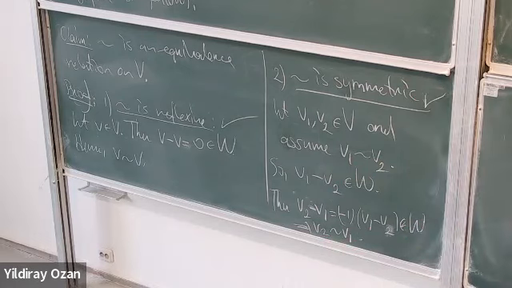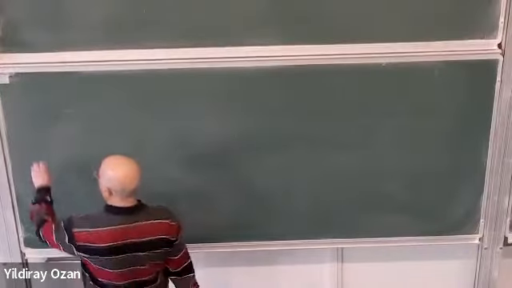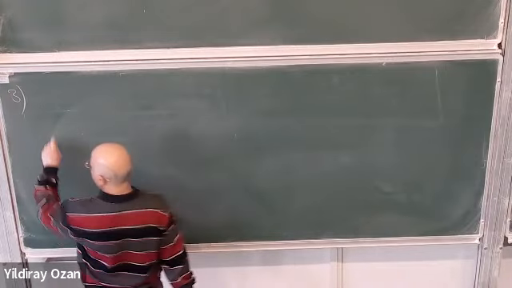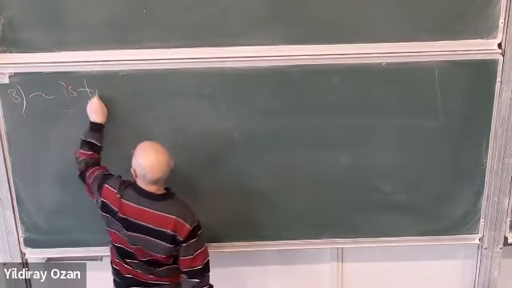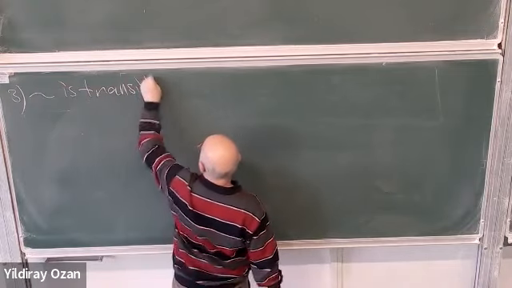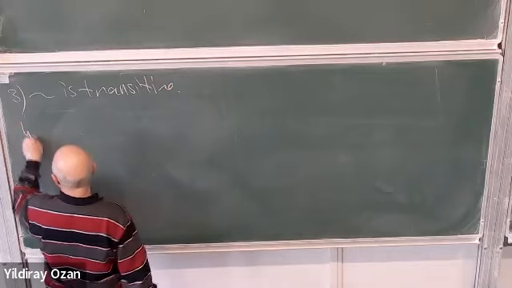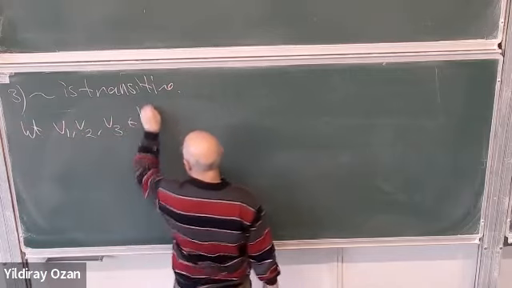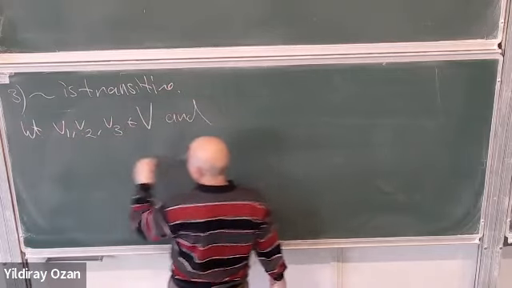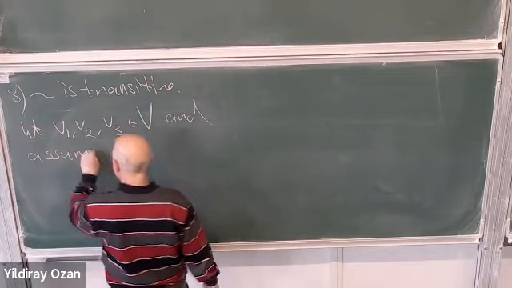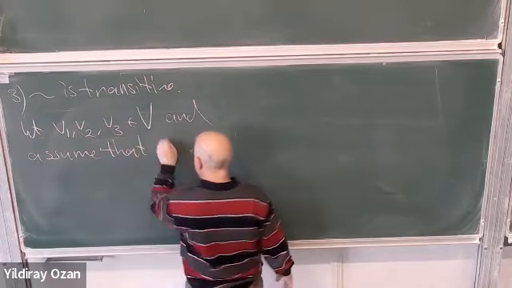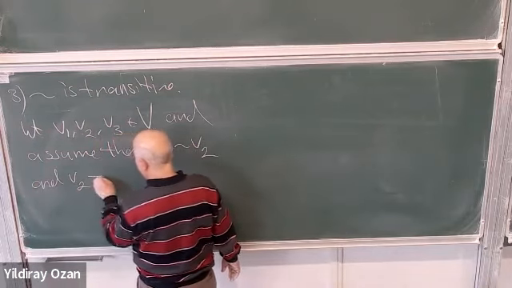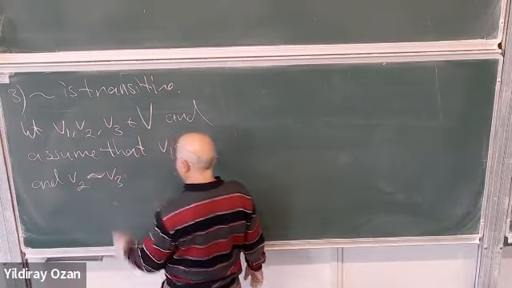Okay. Now we pass to the third condition of being an equivalence relation. It should be transitive. Now let v1, v2, v3 be in V, and assume that v1 is related to v2 and v2 is related to v3.